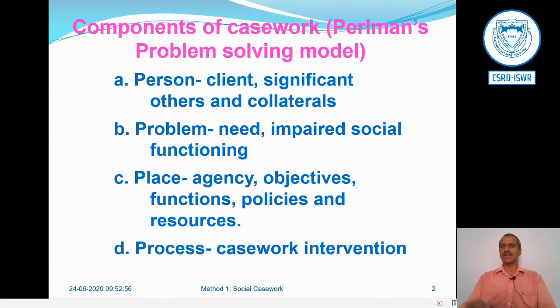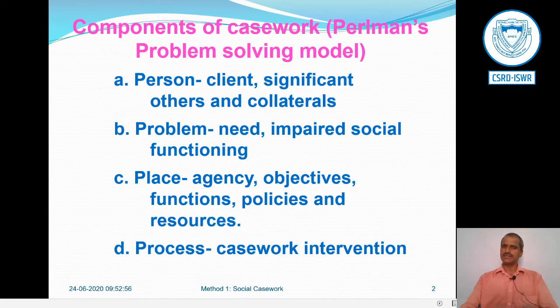They are the significant others and collaterals. The significant others means the teachers, some adult, some important person, a key resource person, whom the client respects, who has importance in the client's life, who can help the client in future to solve his or her problems. Collateral means the family members, the blood relations, the persons who are in very close contact with the client.